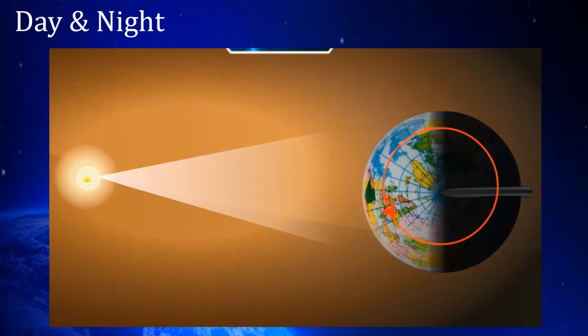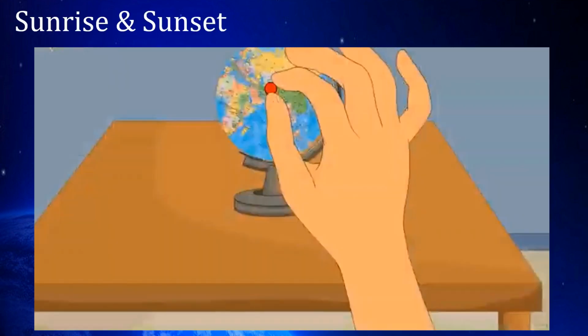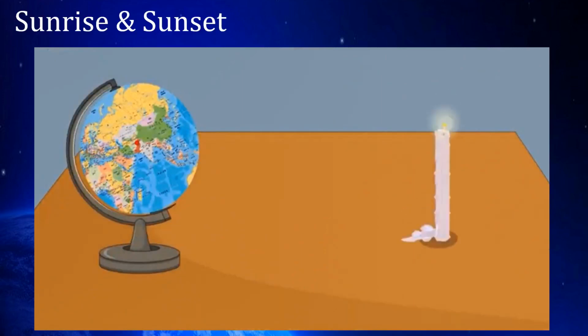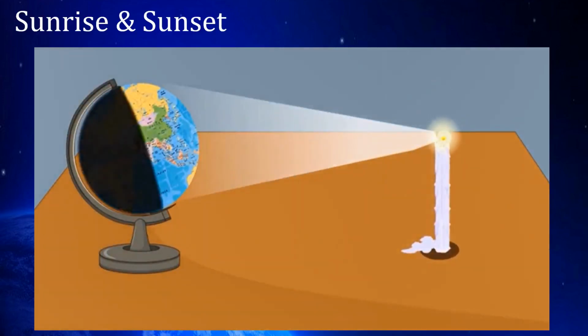Children, now let us understand about sunrise and sunset. For this, we have to take one red bindi and stick it on the globe. Set up the previous model of the globe and the candle. Now turn the globe anti-clockwise. Note when it is sunrise, noon and sunset at the location of the bindi.